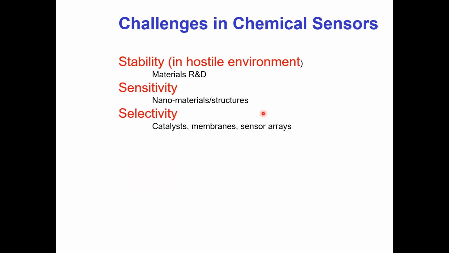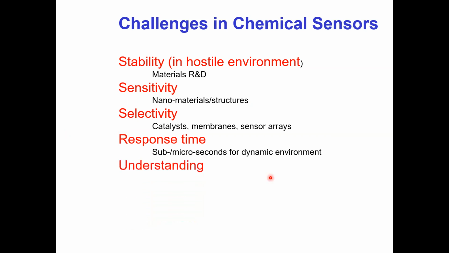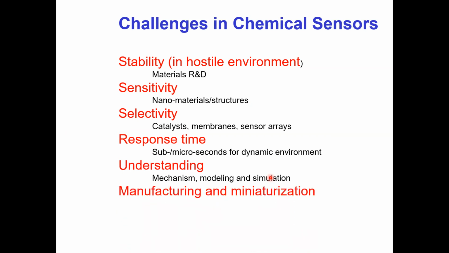Selectivity: you can add catalysts, membranes, sensor arrays, and nanoparticle composites. Response time and recovery time: you can decrease them, and one can use submicron and nano-size particles. And understanding the mechanism, mechanistic studies and modeling and simulation, there are a lot of opportunities here.